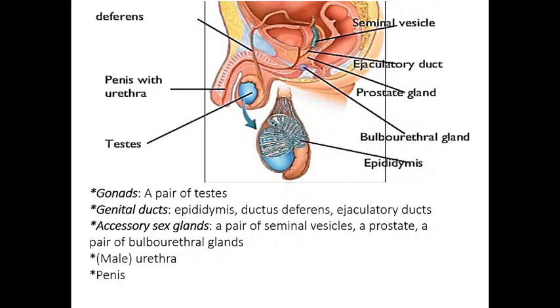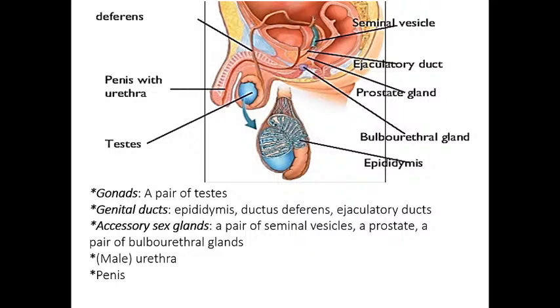Now the gonad will do the secretion or the production, and the ducts will do the conduction. So these ducts are in series: first the epididymis, then the ductus deferens, and then the ejaculatory ducts. Then they connect up with some accessory sex glands, accessory to the gonad.